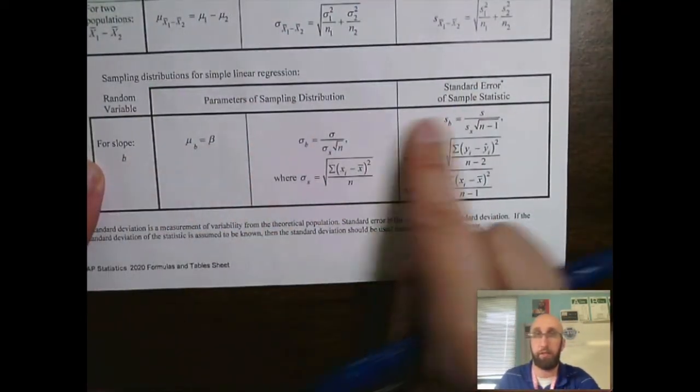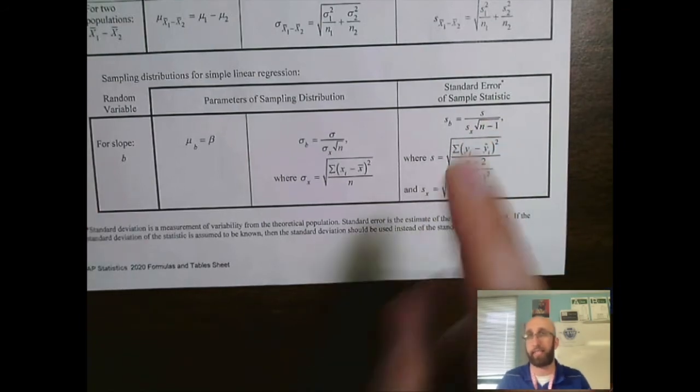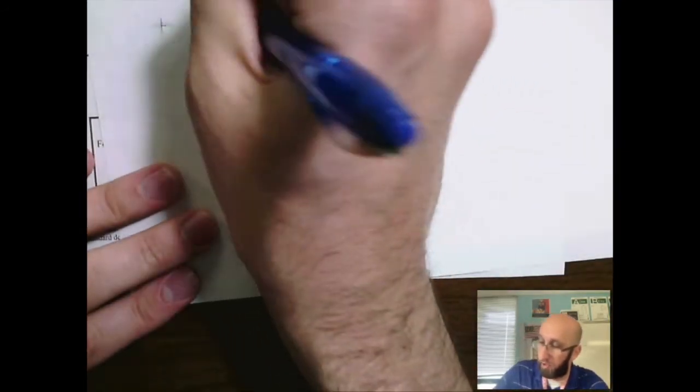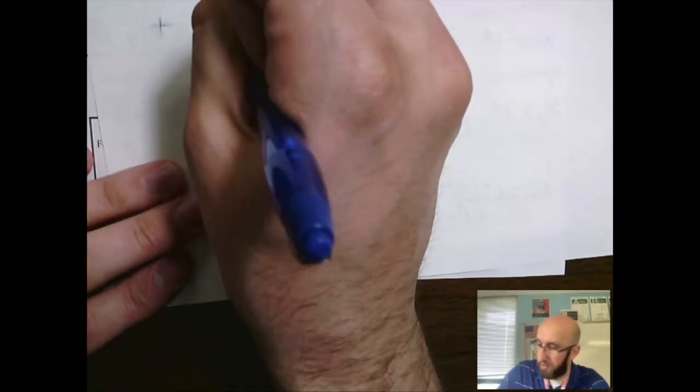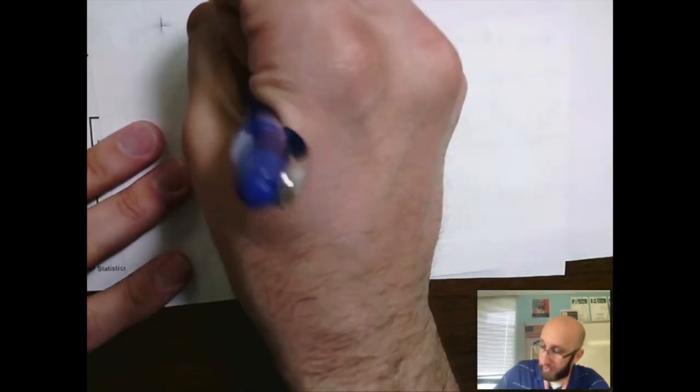The standard error of the slope is s divided by sx times the square root of n minus 1. So that piece is given to us. It's s divided by the standard deviation of x times the square root of n minus 1.